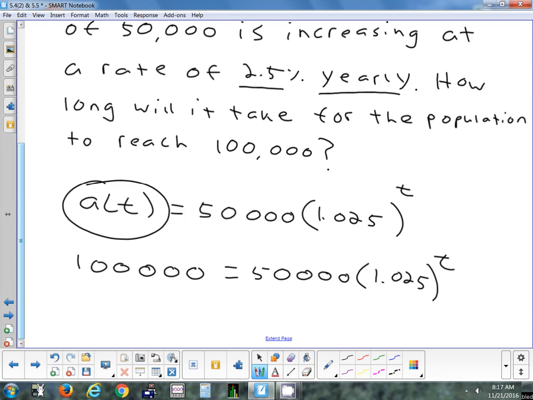Now, just by looking at that equation, what tells you you're going to have to use a logarithm at some point to solve it? The exponent. What kind of exponent do I have? It's a variable. Anytime you have a variable as an exponent, that's kind of your hint. You've got to use a logarithm. Maybe not right away, but eventually. So my goal is to get t by itself. Does anybody see anything I could move to the other side first?